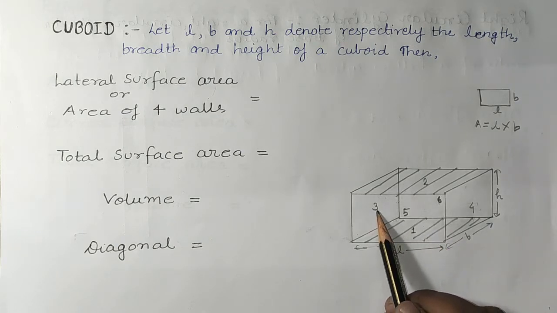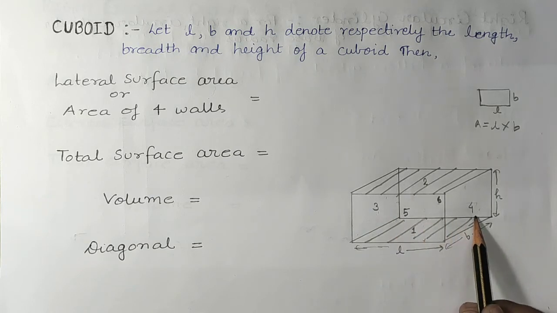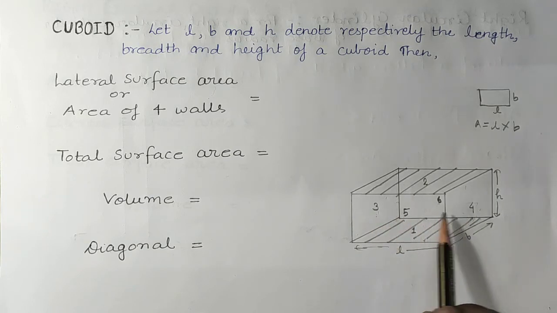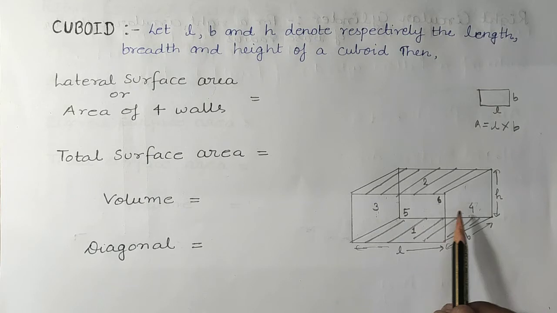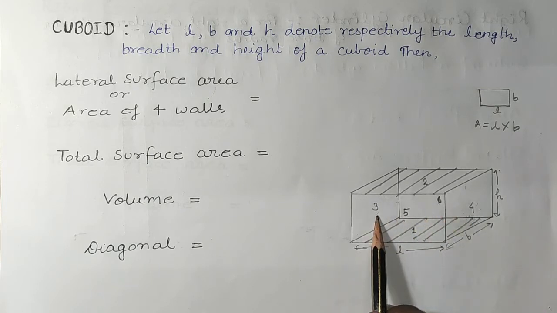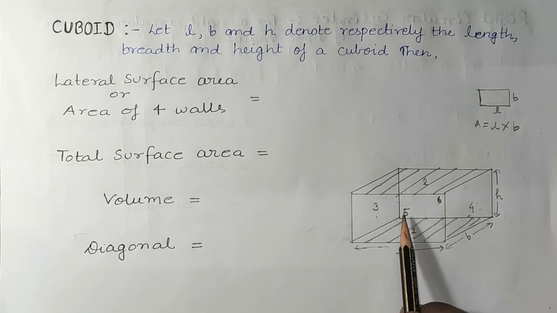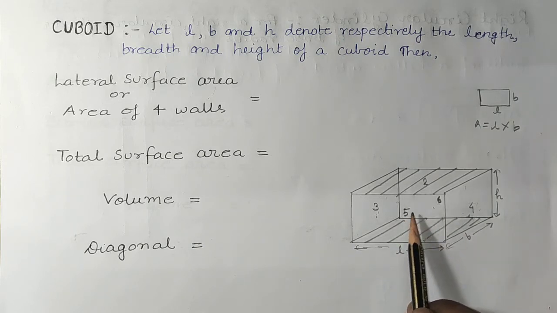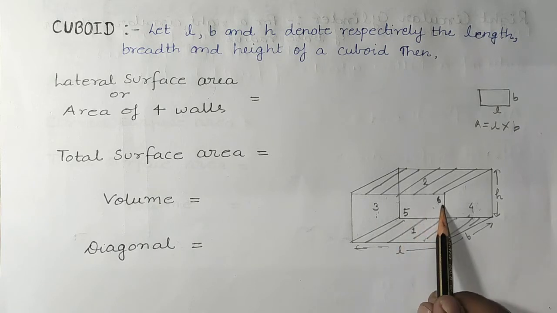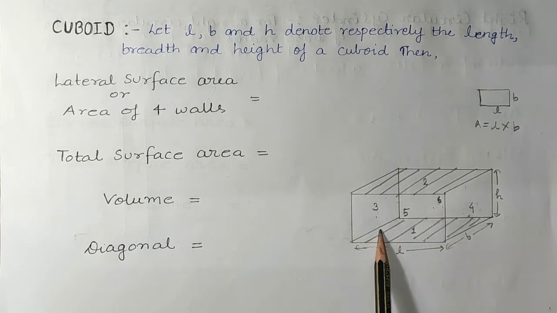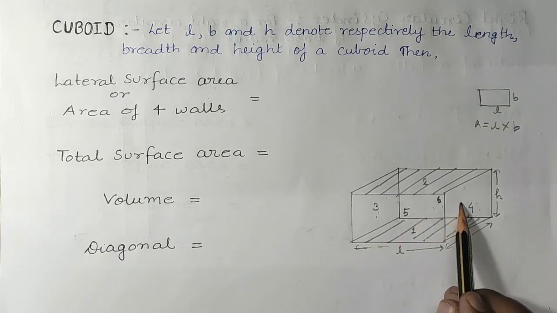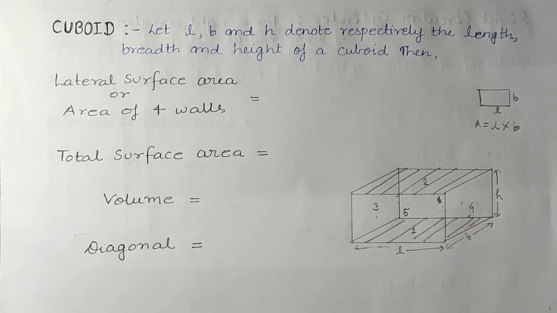Wall 3 and wall 4 are on opposite sides, so they will have equal areas, and walls 5 and 6 are also opposite to each other, so surface 5 and surface 6 will also have the same area.